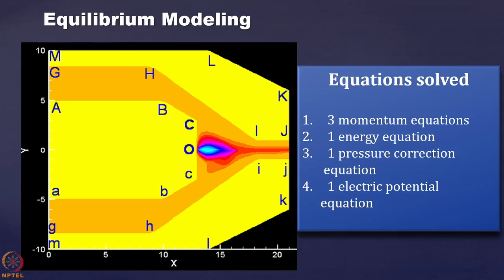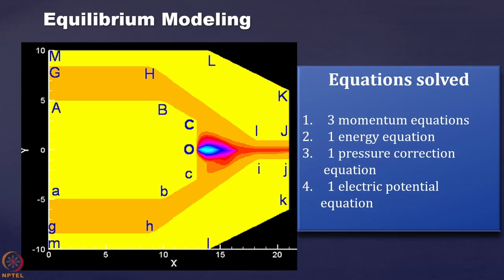So in that case, you are solving only one energy equation, and then one pressure correction equation, of course, because that is the key of this fluid dynamics, how to reach the final solution. Then of course one electrical potential equation. This is because you are solving an electrical discharge system. So you must be applying some potential between the cathode and the anode, which will sustain the current and the plasma that is formed within the device.